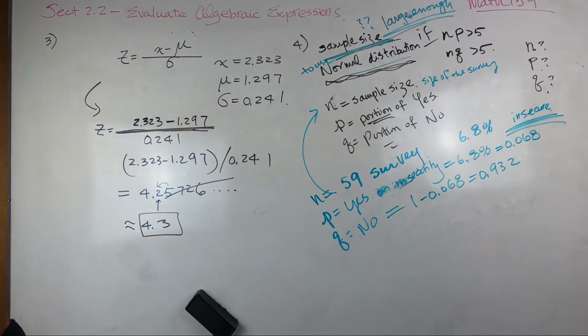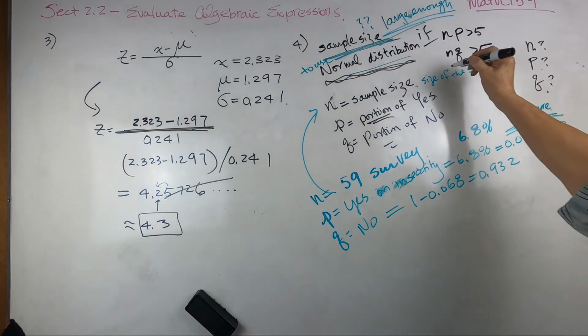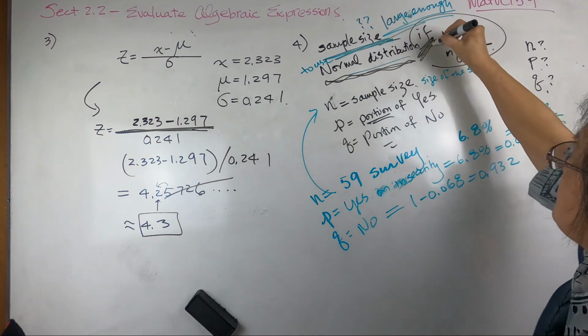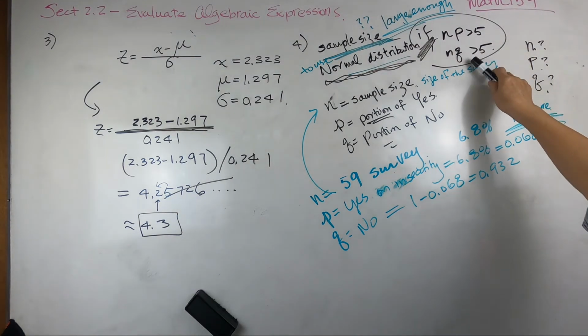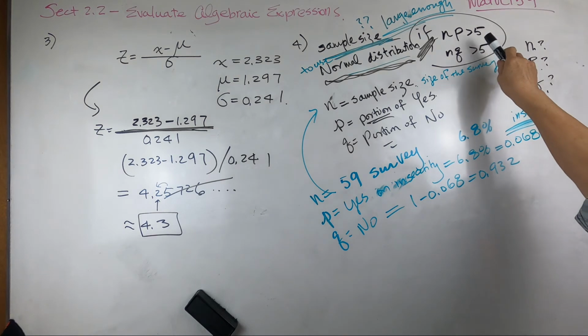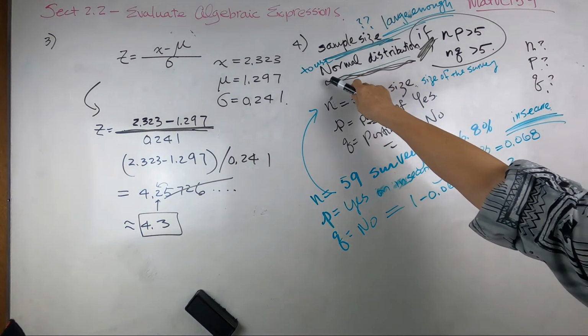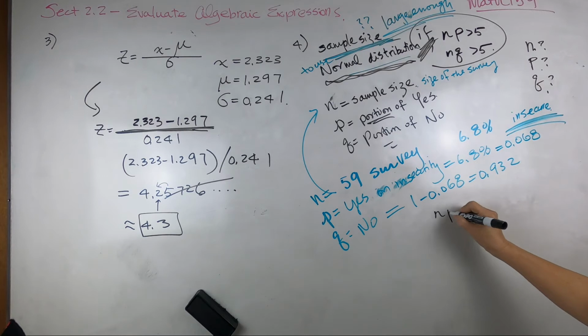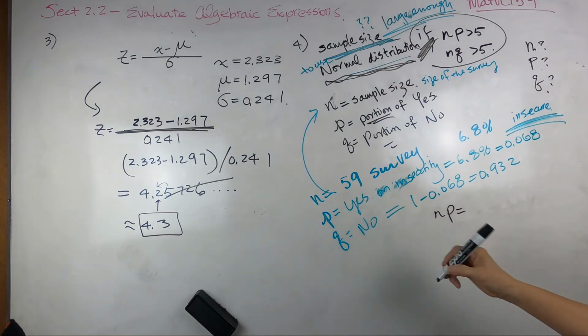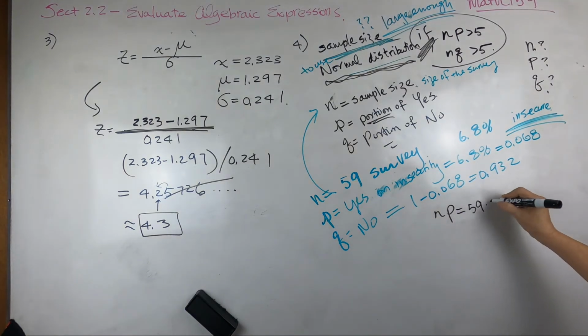Under a certain condition like this, if this condition is met. So how can you decide? You check whether or not the condition is met. Then you decide whether or not you can use the normal distribution, right? So we need to check NP. What is NP? N times P.